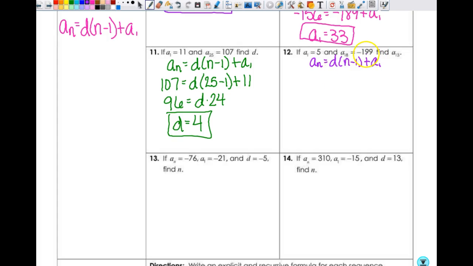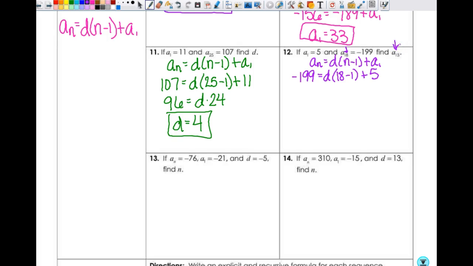But let's take what they did give me. If they gave me this as the a sub n, let me start from there. I got negative 199 is equal to the difference that I don't know times, since I used negative 199, the n is 18 minus 1 plus 5. So this equation is not going to lead me directly to this, but it'll give me the difference that I need.